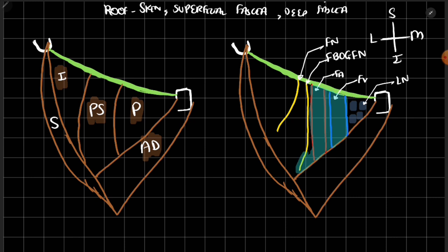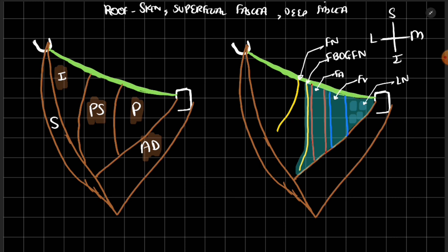Then the femoral branch of genitofemoral nerve, and also the lymph nodes. This is the part of femoral sheath. So they are the contents of the femoral triangle. So we can say that femoral sheath is the content of femoral triangle, and femoral nerve is also the content of femoral triangle. So these are the contents of the femoral triangle.